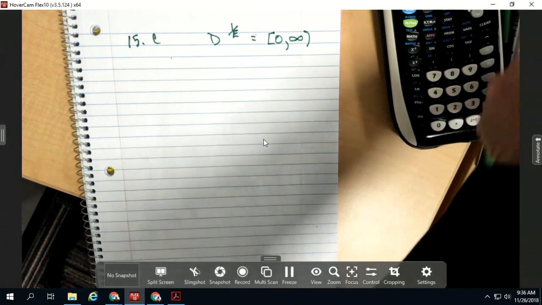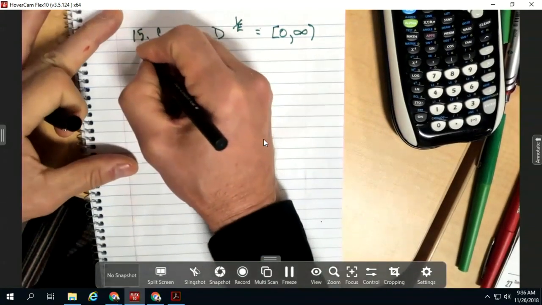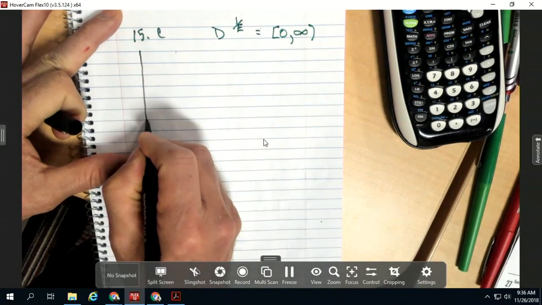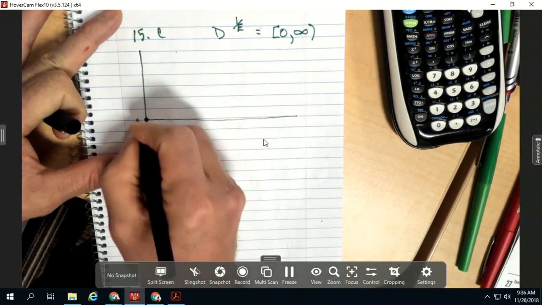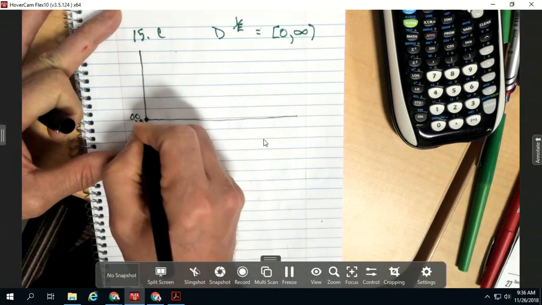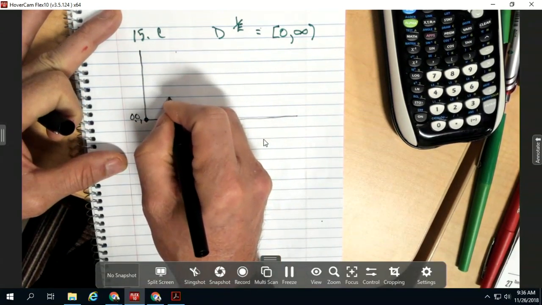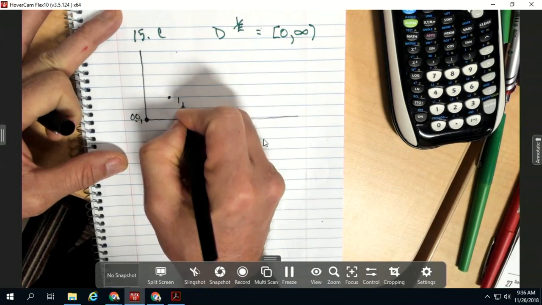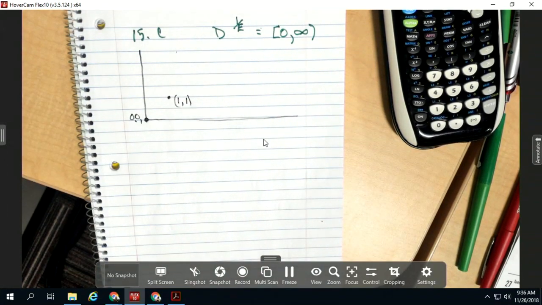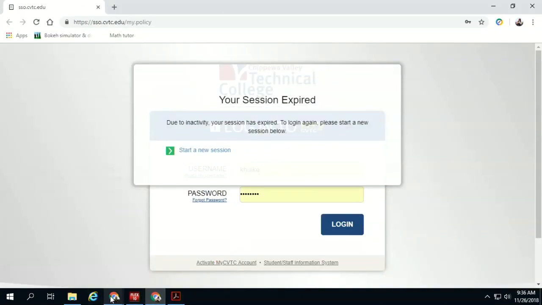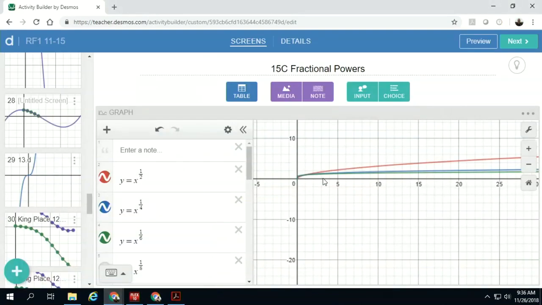Okay. Well, when we sketch those, I want you to focus in so that this is the point 0, 0, and draw it so that you can see the point 1, 1. So on your graph, let's focus in on those 2 points, 0, 0, and 1, 1.